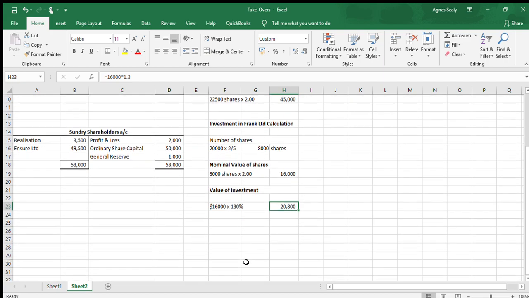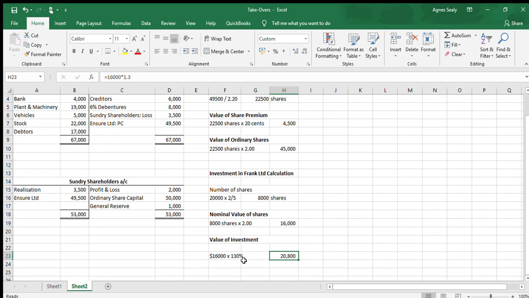The next thing that we want to calculate is our goodwill.